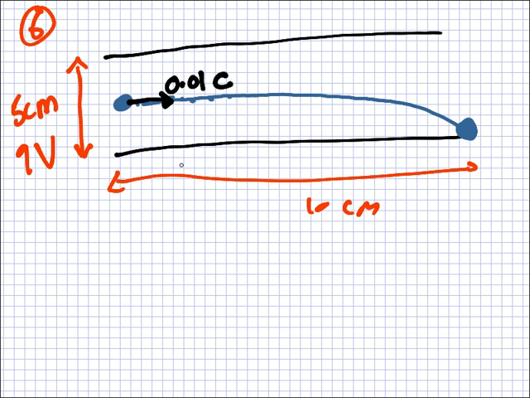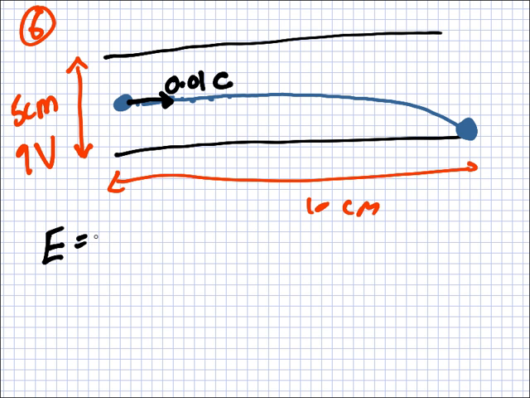Okay, B. By using conservation of energy, you know what? I must have meant to ask you what is the electric field between the plates. So I'm going to calculate that, the electric field. The E, not the potential difference. So how do you calculate the E here?